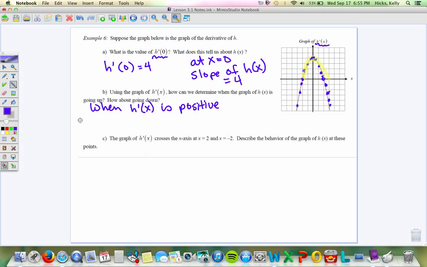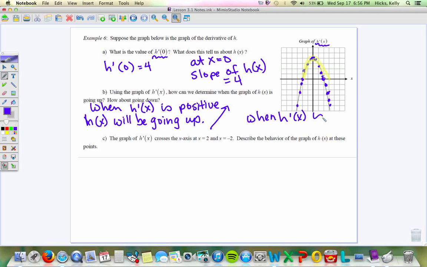When that happens, you know that h of x will be going up. It will be increasing. It will have a positive slope. It will look like this of some sort. It will have a positive slope.